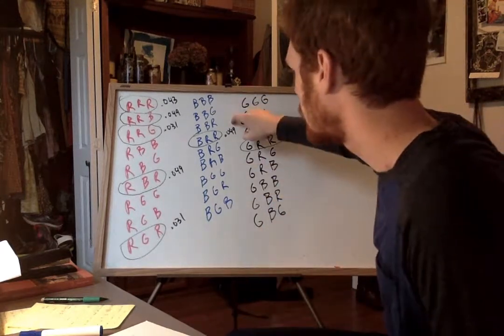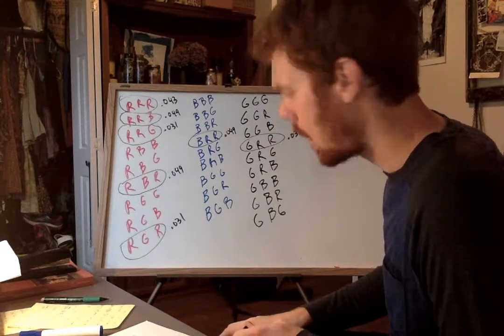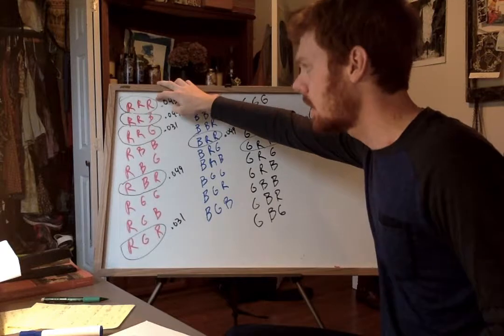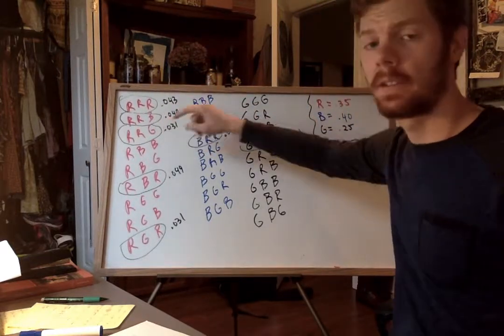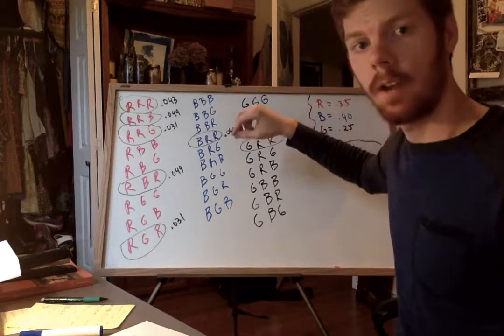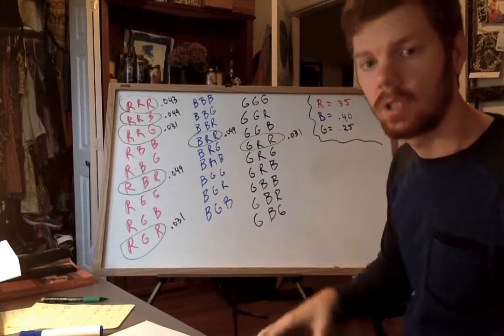Because these are mutually exclusive and we're interested in a union, we can just add all these up using our addition rule.